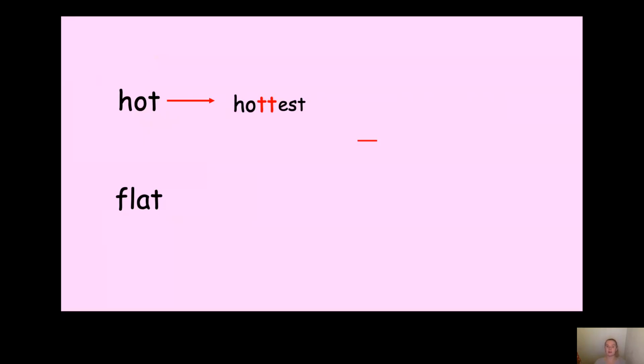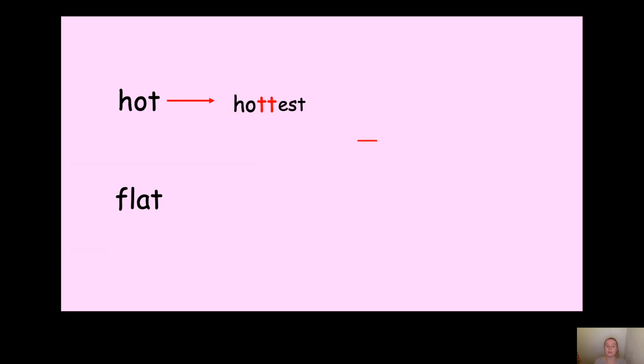Okay, let's try one. Now, what's the last letter in flat? Yes, that's right, it's a T, isn't it? Which is a consonant. Now, what's before it? Yes, it's an A. Now, is this a vowel digraph? No, it's not, because it's just an A on its own. So therefore, it's a single vowel.